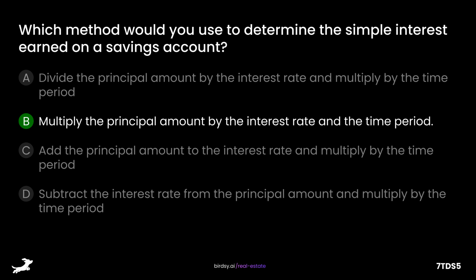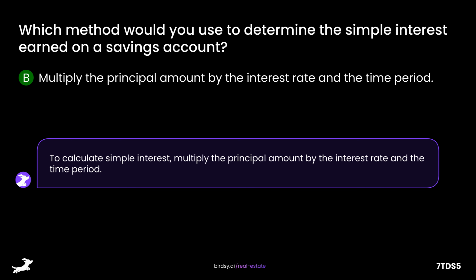The answer is B, multiply the principal amount by the interest rate and the time period. To calculate simple interest, multiply the principal amount by the interest rate and the time period.